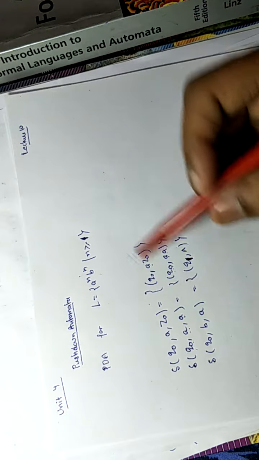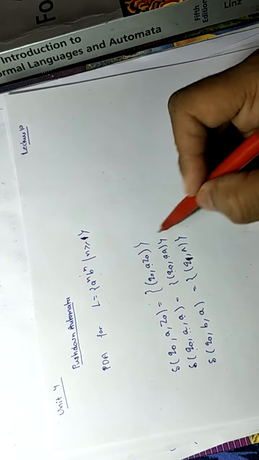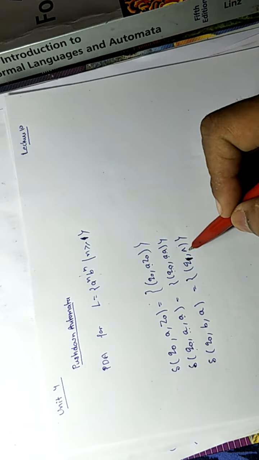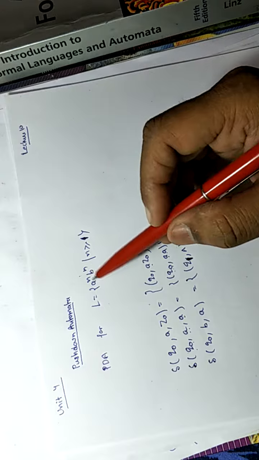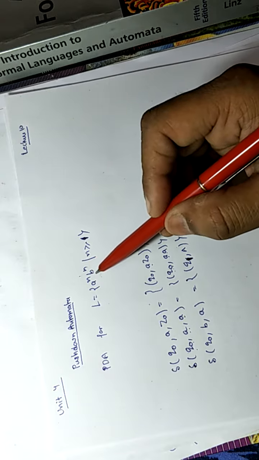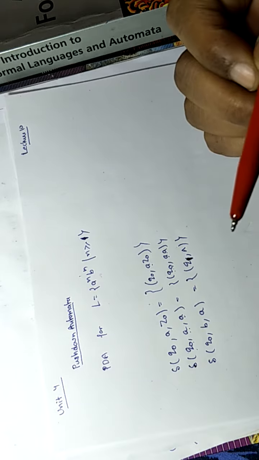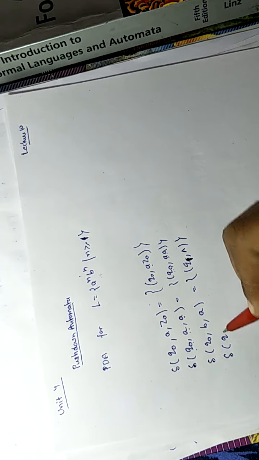Whenever we do something new in PDA, here we were doing the push operation only, and now we are starting the pop operation, so we have to change the state. Whenever we do some new operation, or whenever a symbol is changing, we should always change the state. Now we are at q1 state.